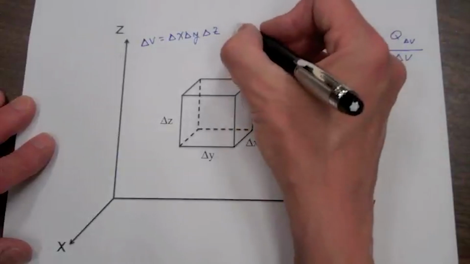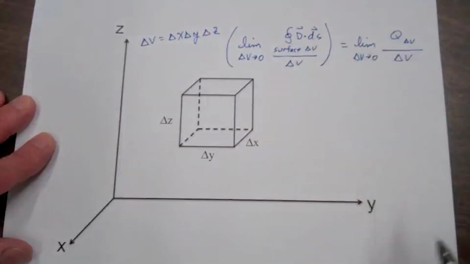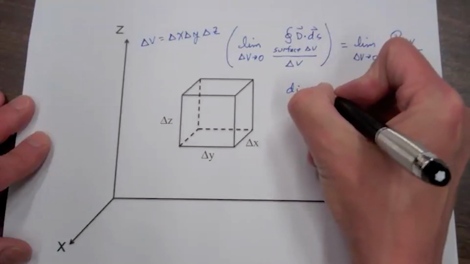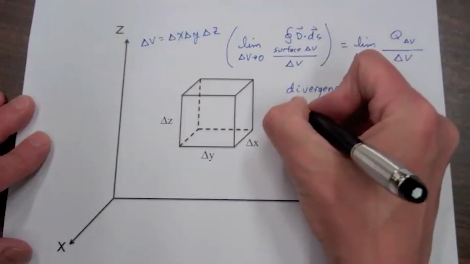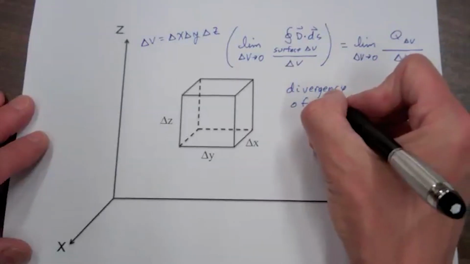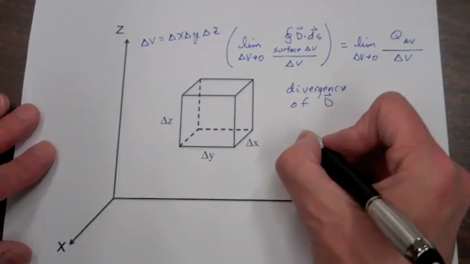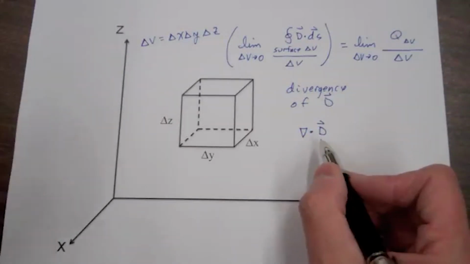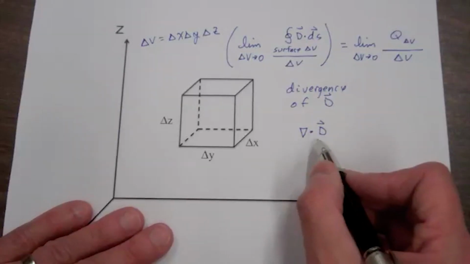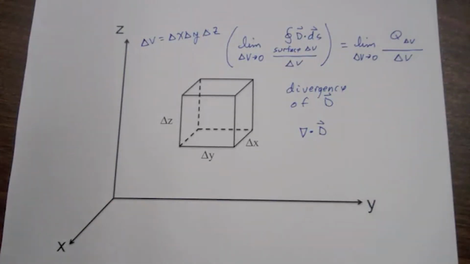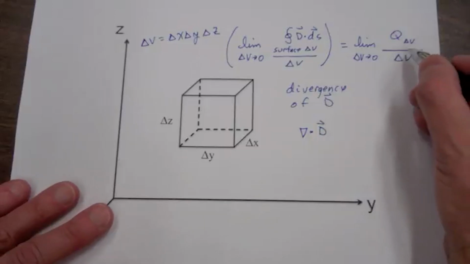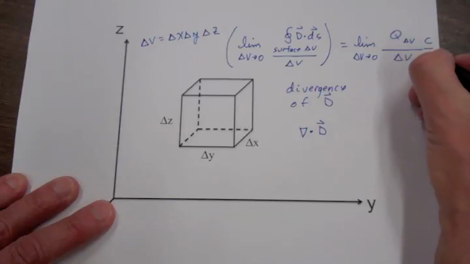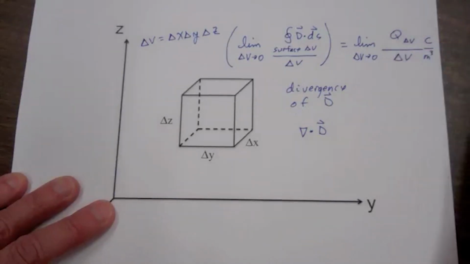So this operation on the left-hand side is what is known as the divergence of D. And this is also written as del dot D, and in part 2 I will explain this nomenclature of what del dot D represents. Now, looking on the right-hand side of this equation, we have a charge over a volume, coulombs per meter cubed.